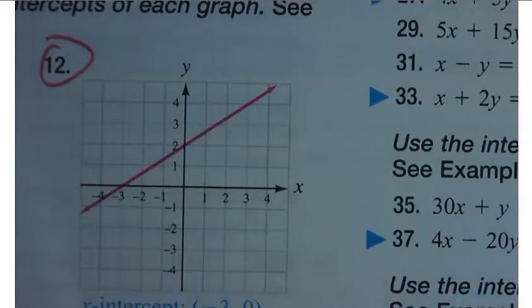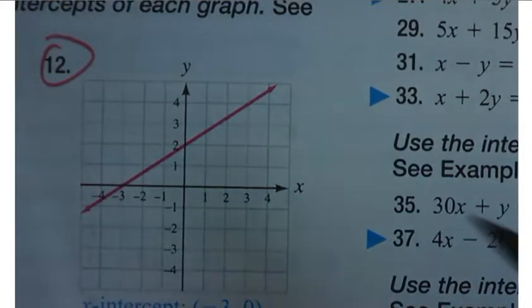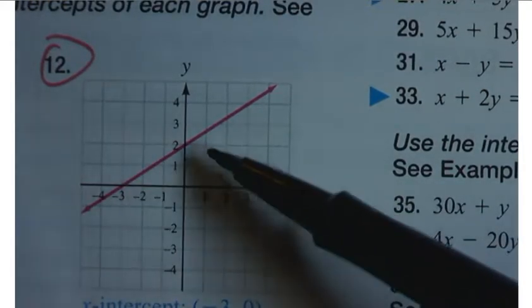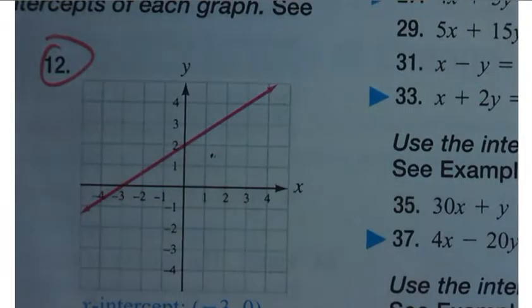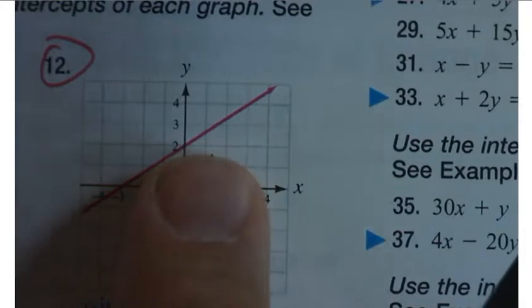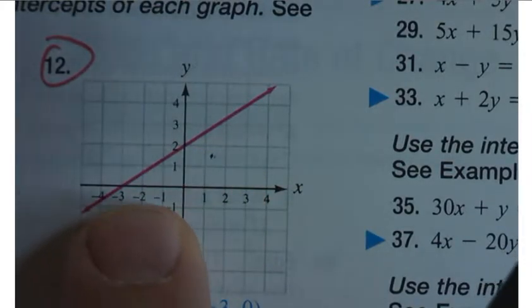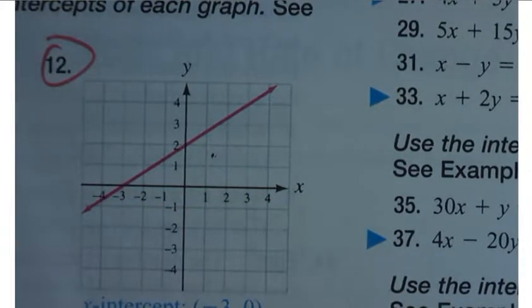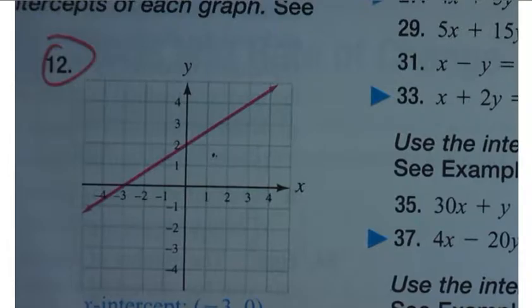So what are the coordinates of that point where the graph crosses the y-axis? 0, 2. So that's your y-intercept. How about the x-intercept? Where does it cross the x-axis? -3, 0. So let's write down both of those points.